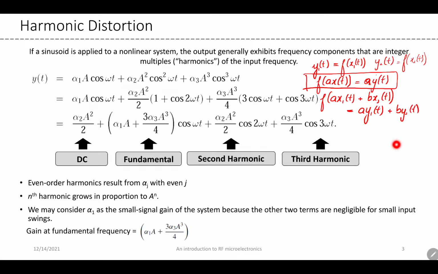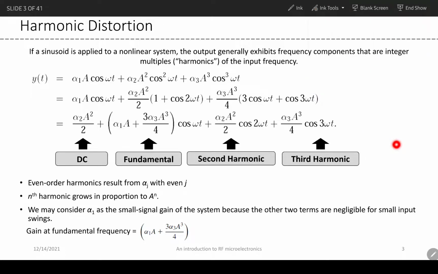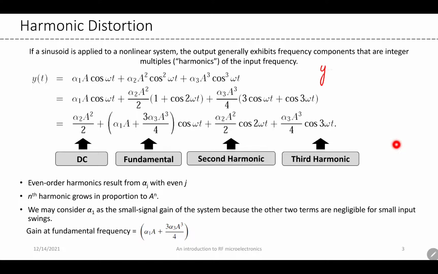If the system behaves in this manner, then we call this system linear. Now, where does non-linearity come from, and where does the name come from? It's simple. If I have y equals a times x of t and I plot this, it would be a straight line. So it's a linear system.